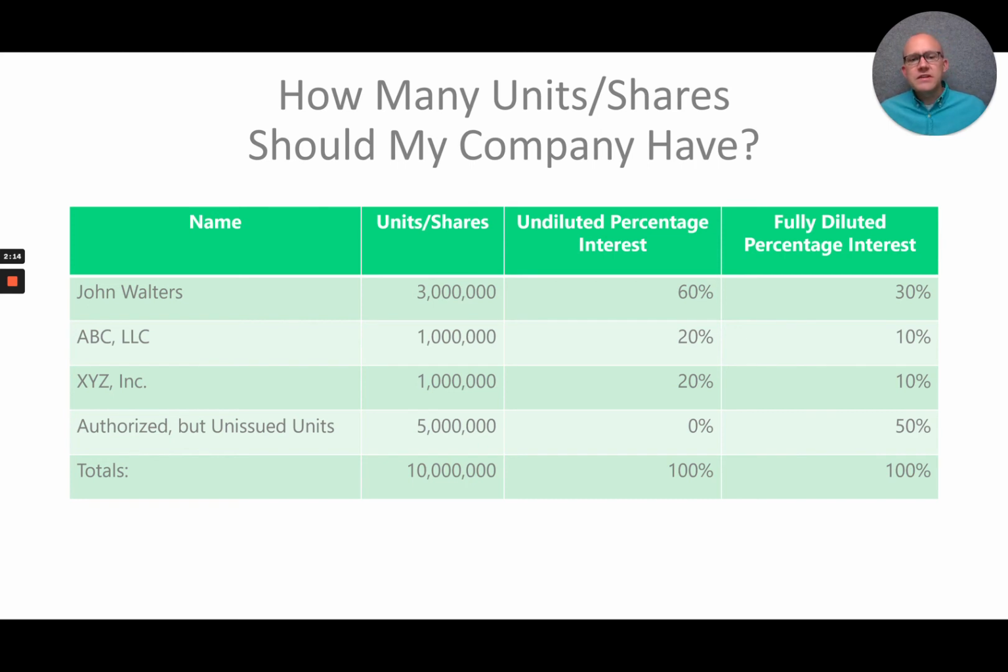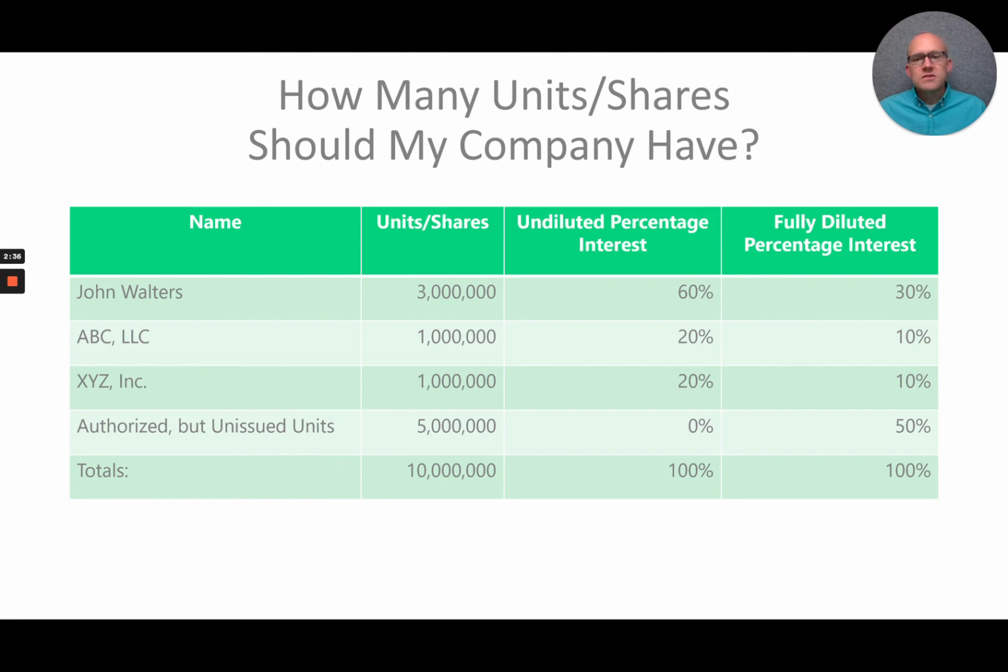But basically, the concept is you want to make sure that you have enough units and shares so that you can allow for full unit transfers to employees, to small minority owners, and allow for the percentages that you want.